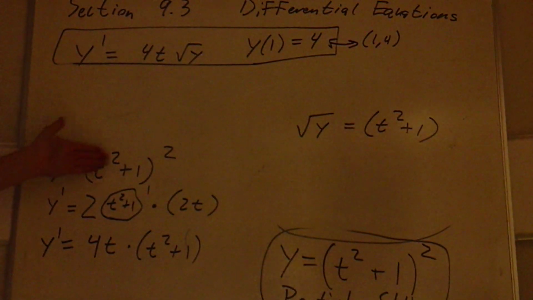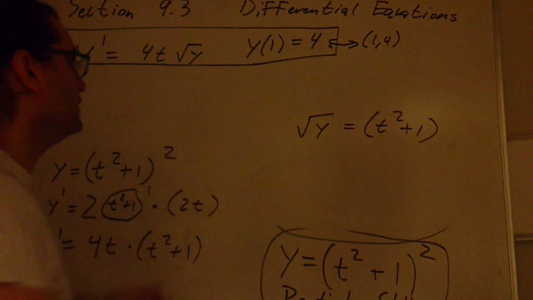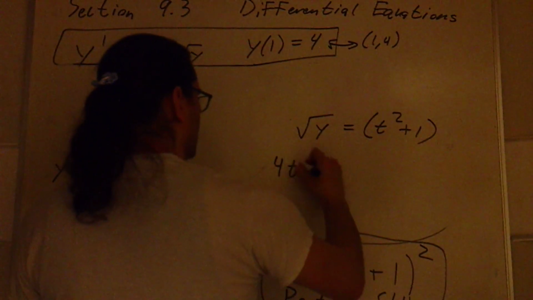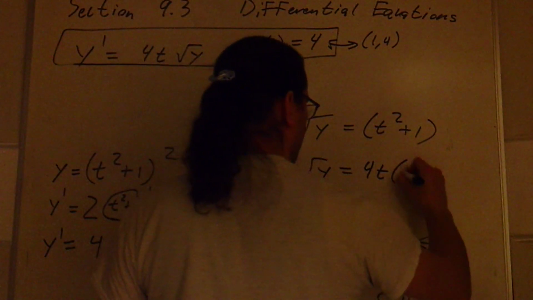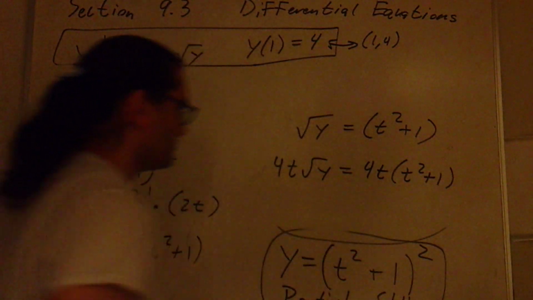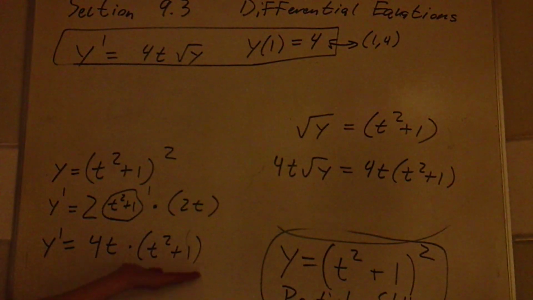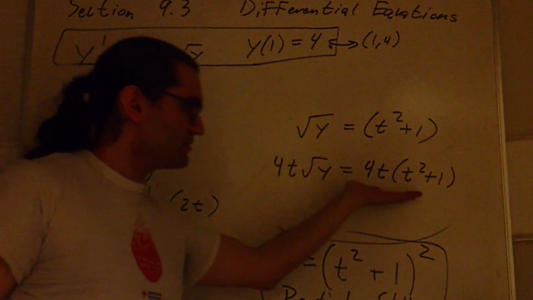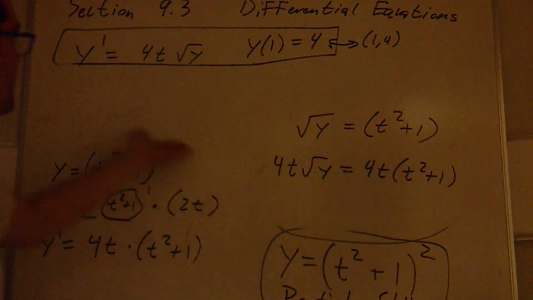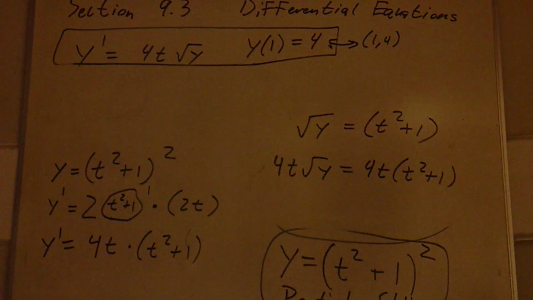If y is t squared plus 1 quantity squared, square root should just be t squared plus 1. So 4t square root y should be 4t times t squared plus 1, which is exactly what we get here. y prime is 4t times t squared plus 1. 4t times the square root of y is 4t times t squared plus 1. These things match. This is how you verify your answer.